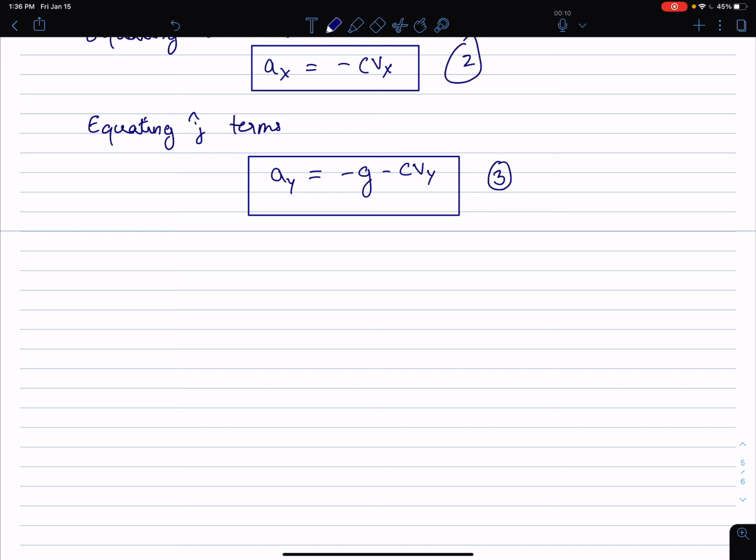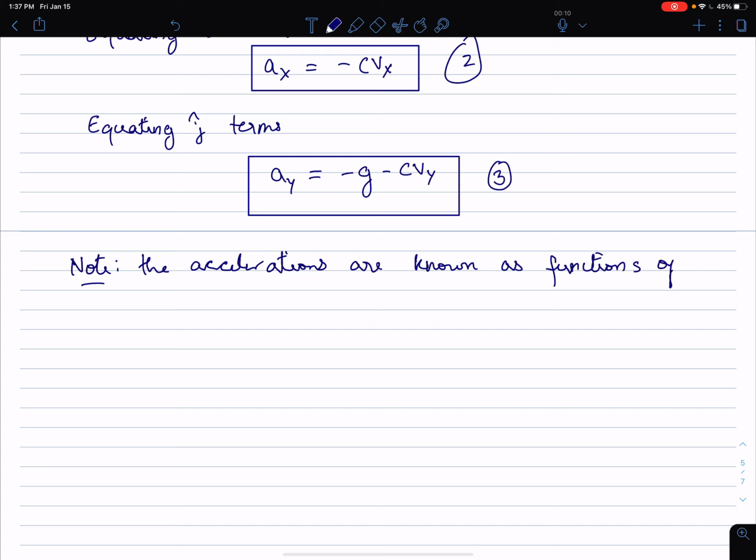Note the accelerations are known as functions of velocity.